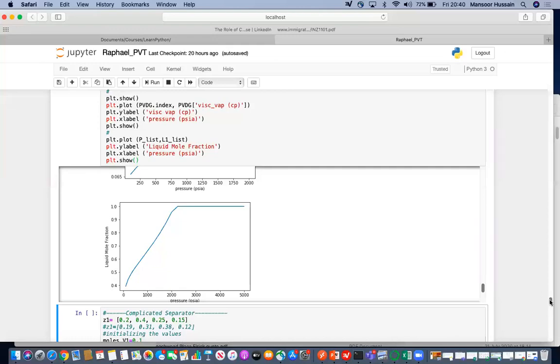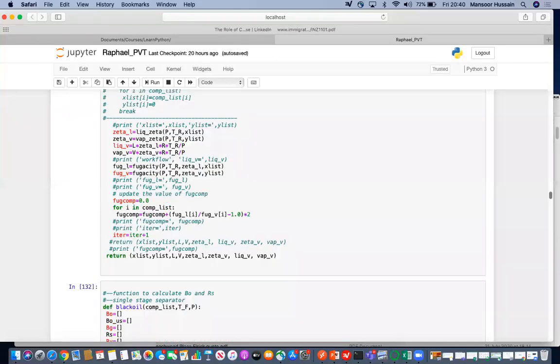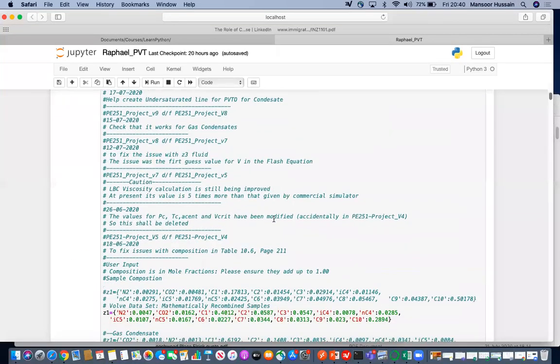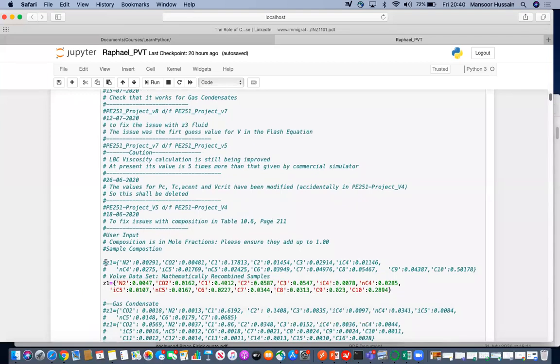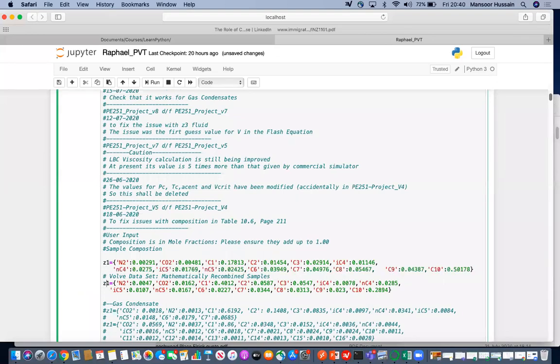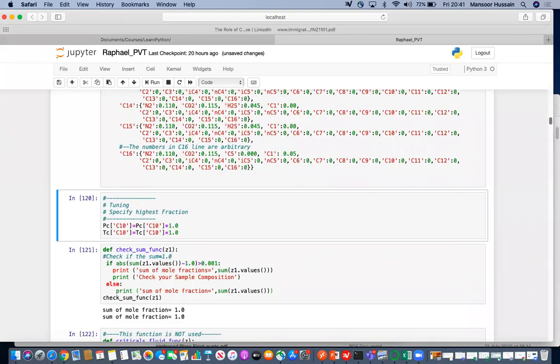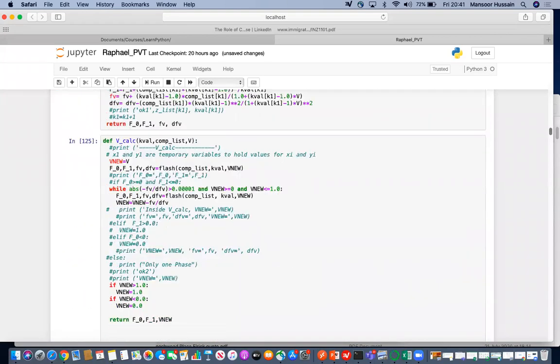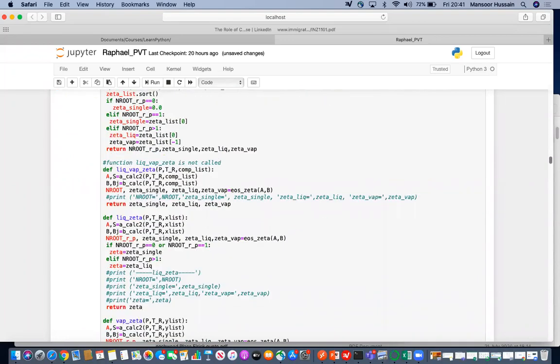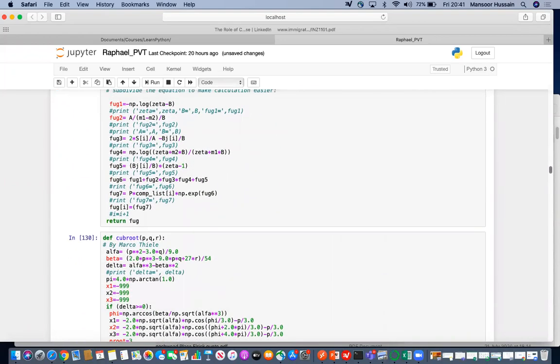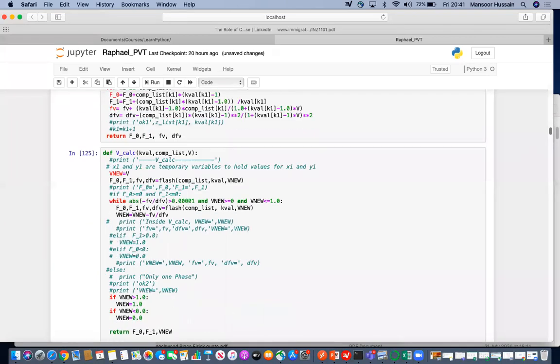Let's change the composition and see what happens then. I will just activate this composition.